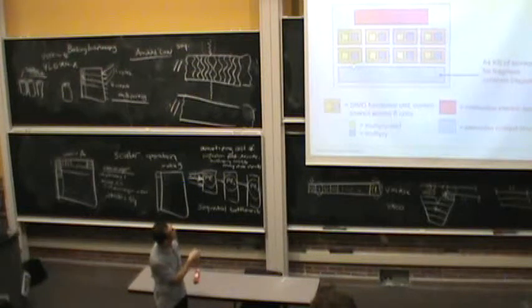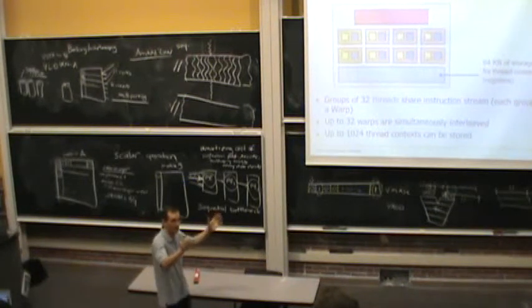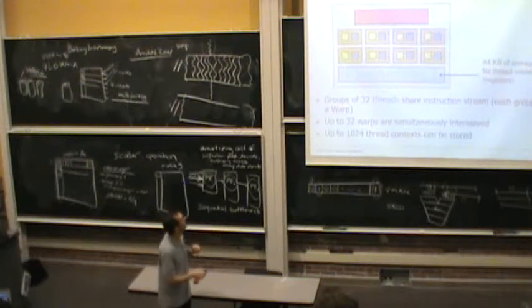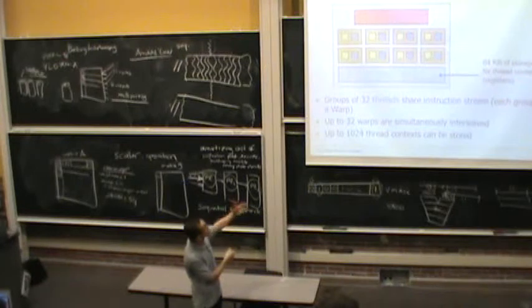And you need to store the register context. Why do you need 64 kilobytes? Basically, you have groups of 32 threads that share the instruction stream, but you can execute only 8 of them in parallel. You have 4 cycles to finish a warp. Each group is called a warp, and it can have 32 warps simultaneously interleaved in the machine.